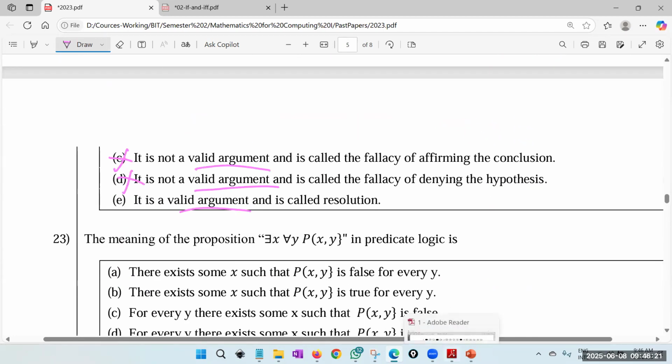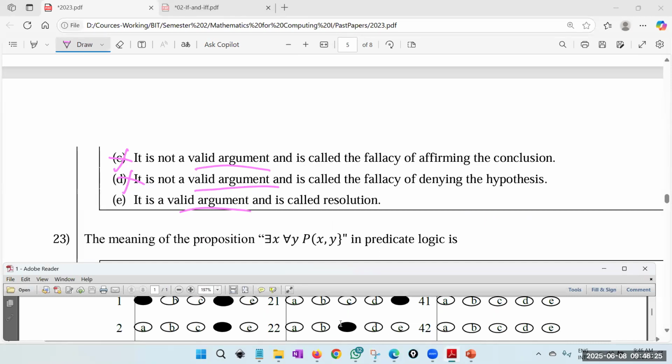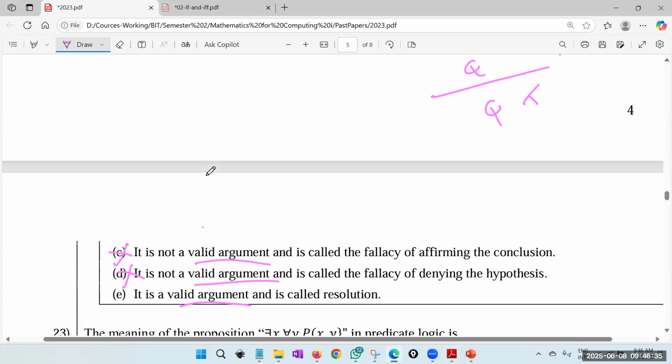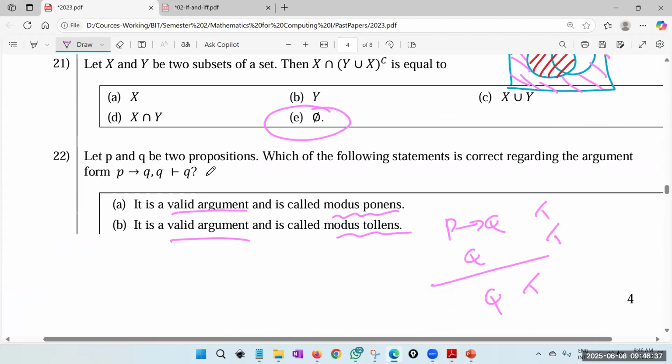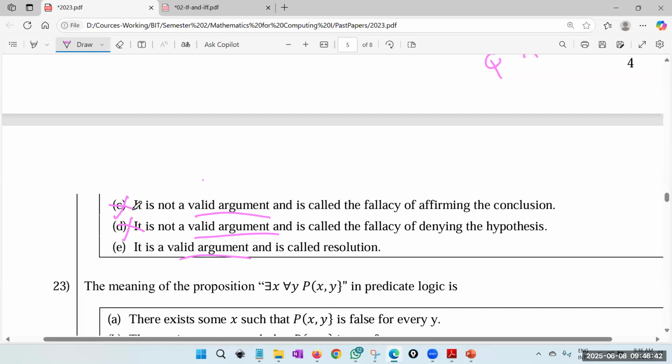22, what is the answer? Answer is C. How come C? C says not a valid argument. It is not a valid argument.